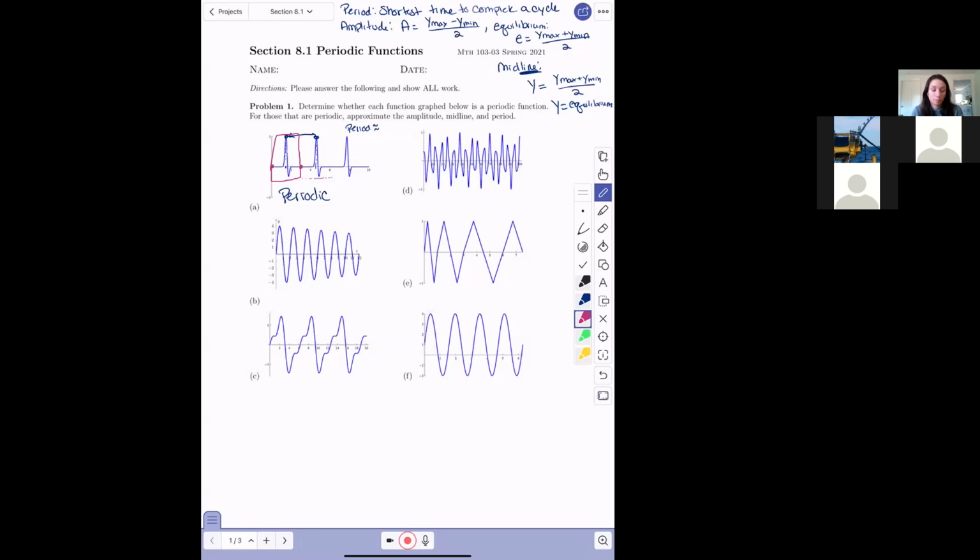Good question. I'm just a little confused with how you determined that as periodic. Okay, so determining that it's periodic, it'll be easier, I think, once we get to an example that's not periodic. It'll make more sense, but it's the same exact thing happening.